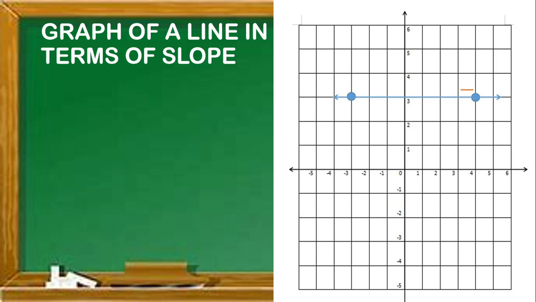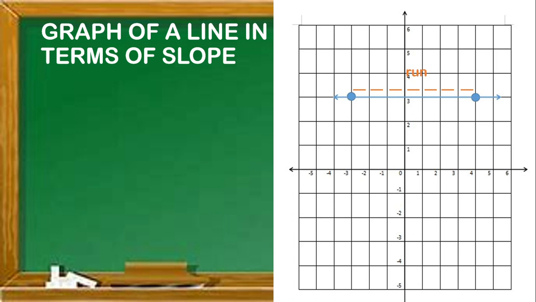Oops, we don't have rise because the line is horizontal, so we'll proceed directly to the run. 1, 2, 3, 4, 5, 6, 7.